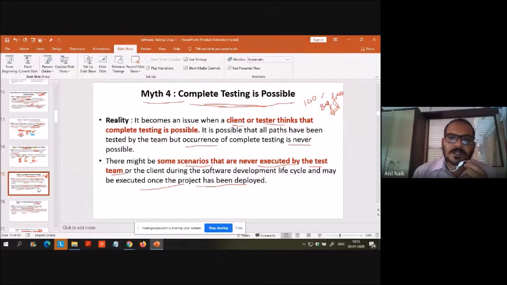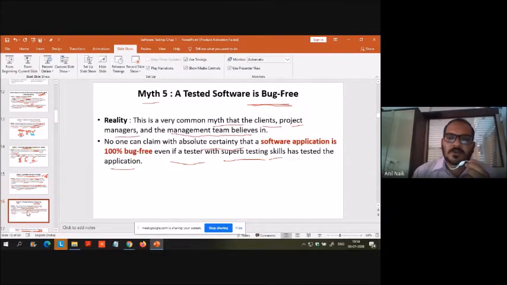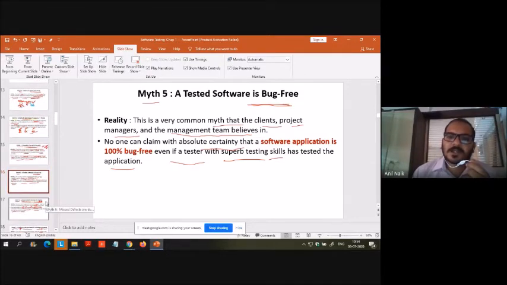Complete testing is possible is also a misconception that a client or tester may have, but in some scenarios it may fail. And a tested software is bug free: we can't say a tested software is 100% bug free or error free.